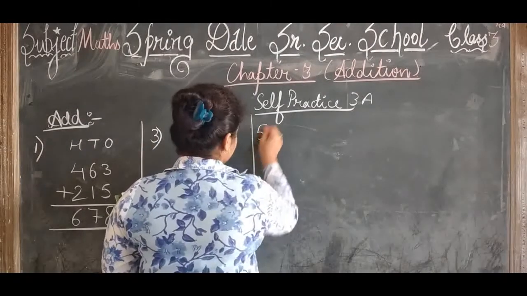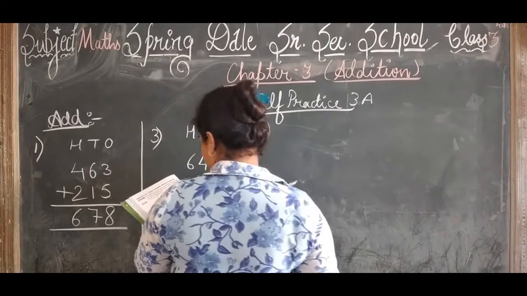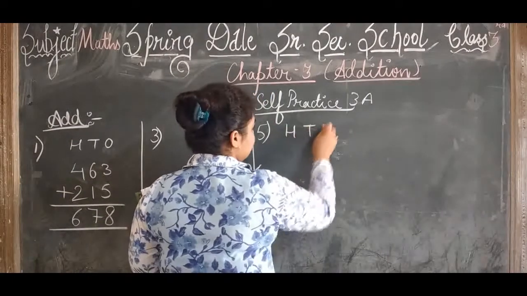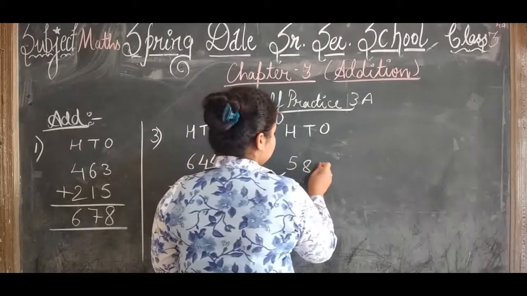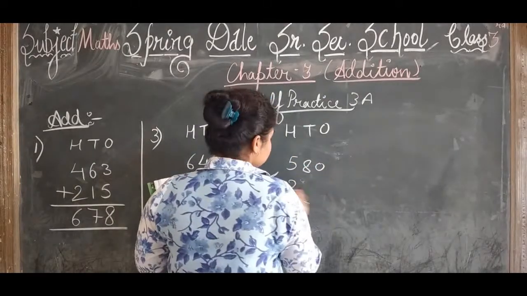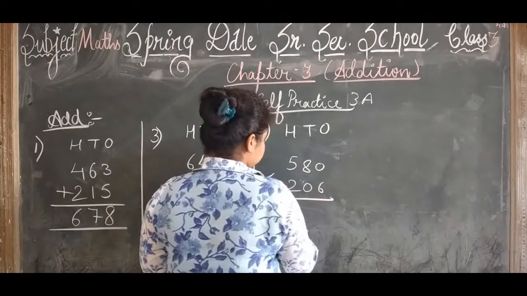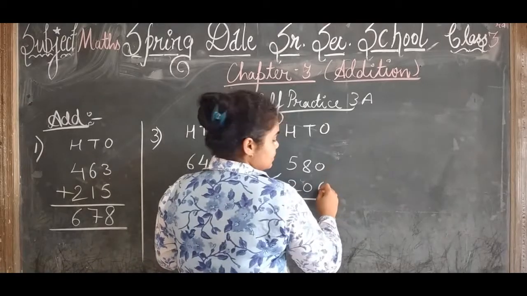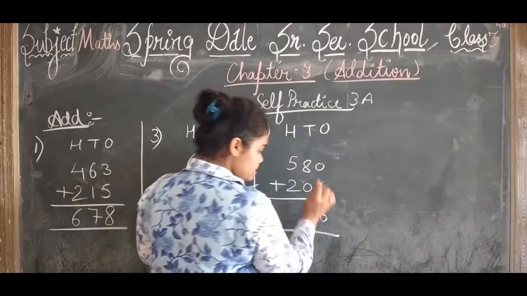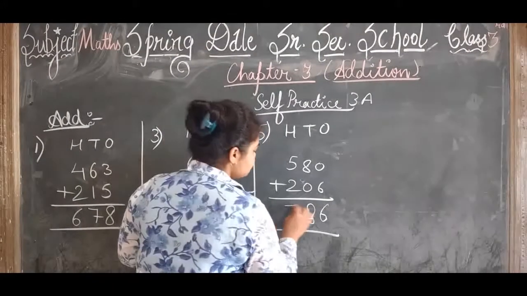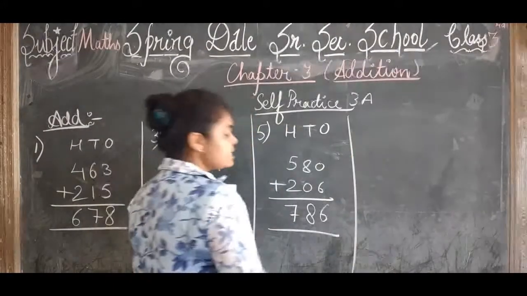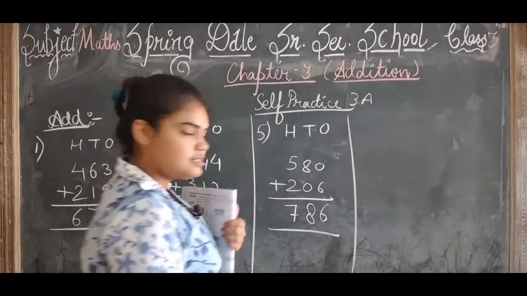Now, fifth part, that is 100 tens ones again. Then we have 580 plus 206. 6 plus 0, 6. 8 plus 0, 8. 5 plus 2, it is 7. The number we get is 786.